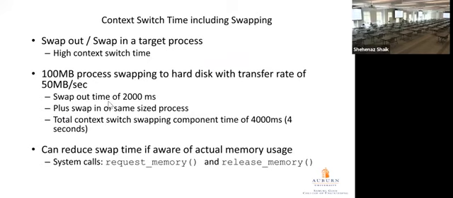Here we have one example from which we can understand how big the impact is. Let's say we assign about 100 megabytes of physical memory to a particular process, and we want to swap out that process to the hard disk, the persistent data store, and let's say the disk has a transfer rate of 50 megabytes per second.